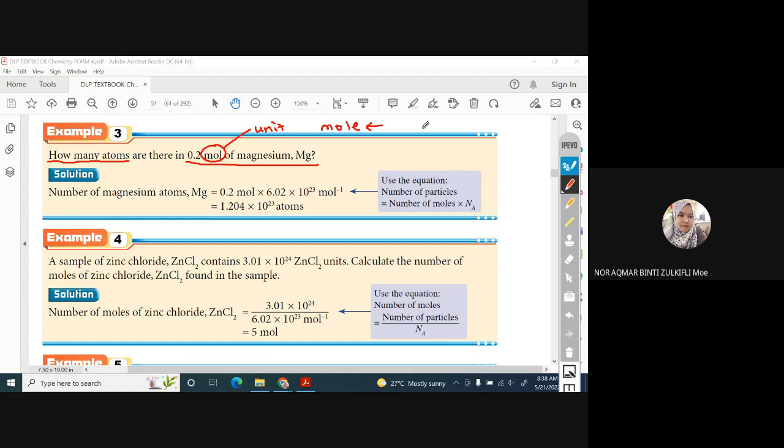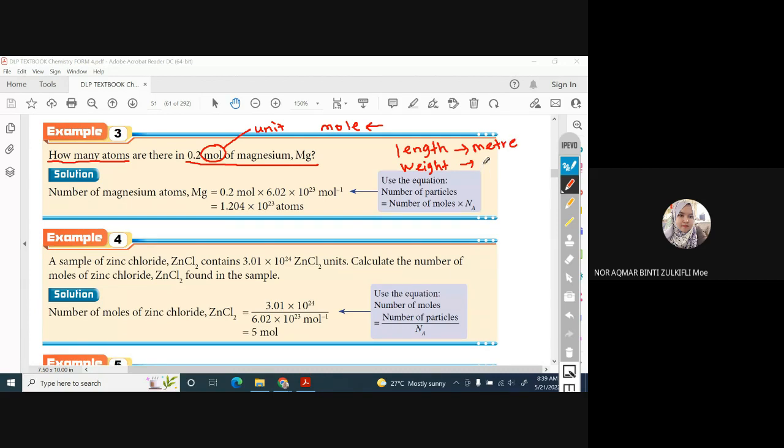For example, length. What is its unit? Who can respond? The SI unit for length. You learned this in Form 1. Who knows? Yes, very good, Choi Yuan Ho. Length, meter, right?